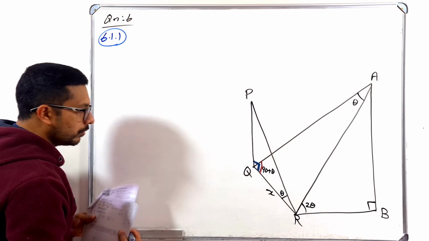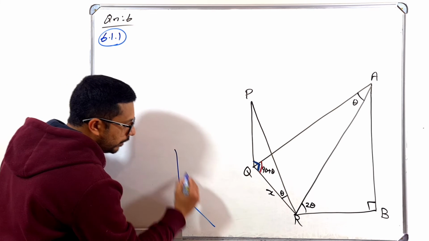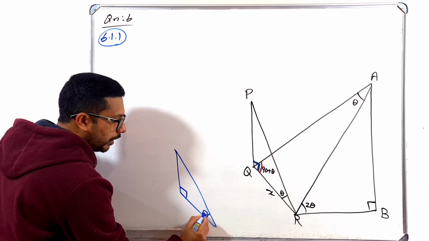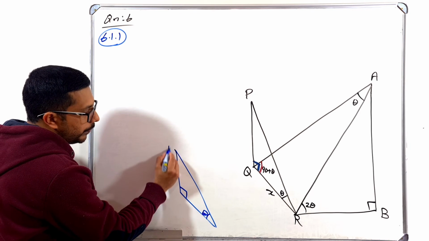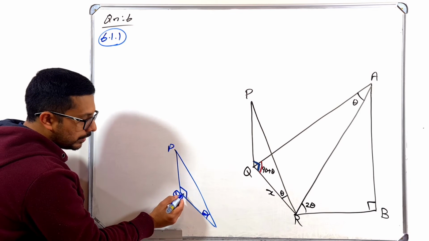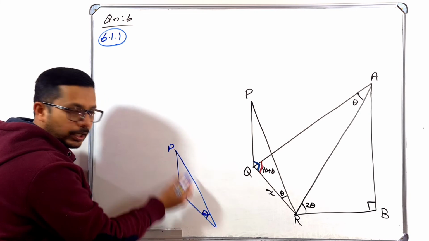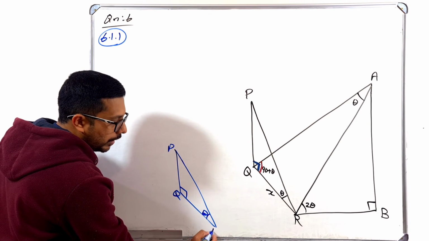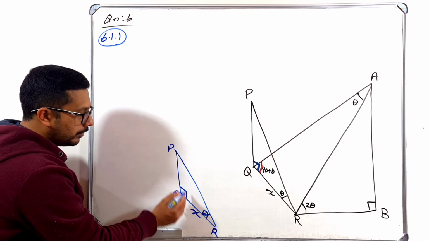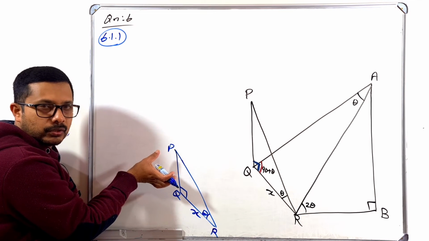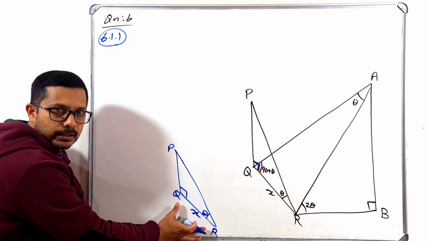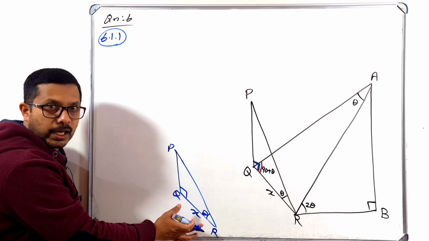Am I right? So if I draw that triangle here, this is 90 degrees, and this is theta. So this PQ is the opposite side of that theta. And this is 90 degrees, which means this is the hypotenuse and this one is the adjacent side. Adjacent side is X. And you have to find the opposite side. So which trigonometric ratio is connecting opposite side and adjacent side? Of course it is tan, okay.